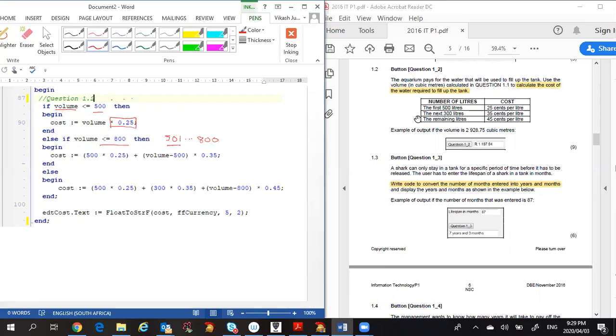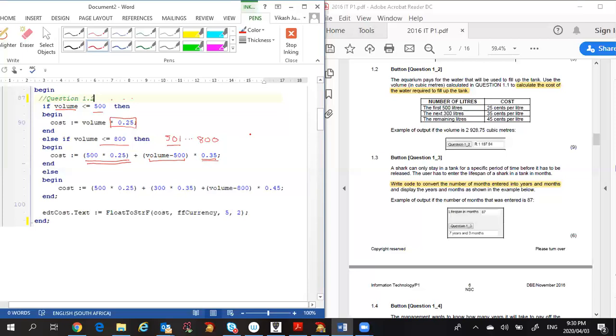So as the question indicated, the first 500 is at 25 cents. So here's your first 500. You had to have used a minimum of 500 to be in this particular case. That's charged at 25 cents. And then what's remaining is the volume minus the 500 that we took at 25 cents. The remainder is then charged at 35 cents.